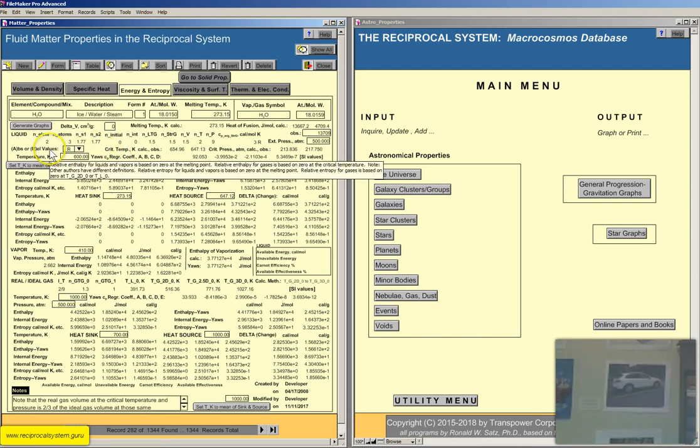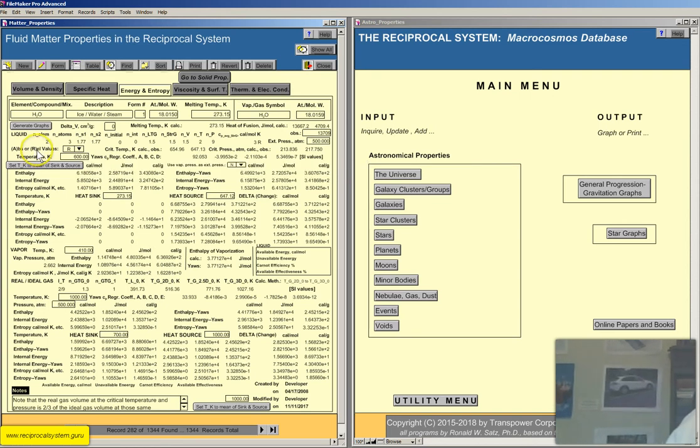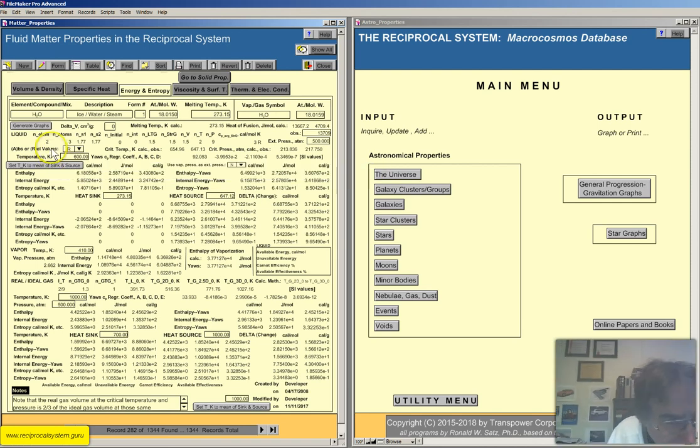Now you can choose absolute or relative values, and I explain this. Remember, always make use of the tooltips. You hover the mouse over there. Relative enthalpy for liquids and vapors is based on 0 at the melting temperature. Relative enthalpy for gas is based on 0 at the critical temperature. Note, other authors have different definitions.